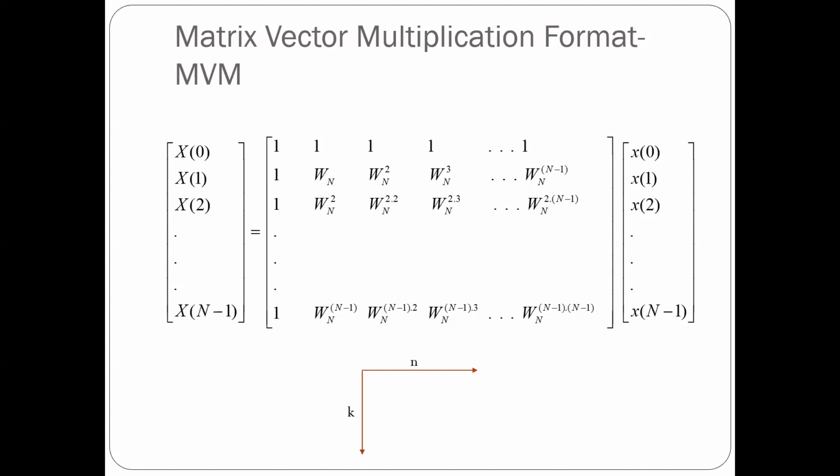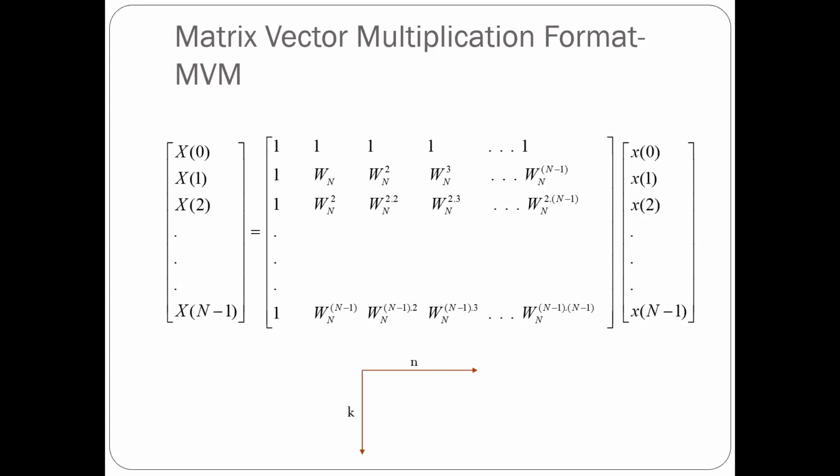If I multiply a plus jb into c plus jd, that is ac minus bd plus j into (ad plus bc). So to compute just one complex multiplication, you require 4 real multiplications.